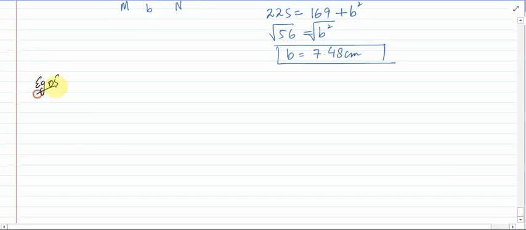Example number 5. I'm going to plot a figure first and you need to try it by yourself. So I have a triangle named X, Y, Z. It's a right angle triangle, right?